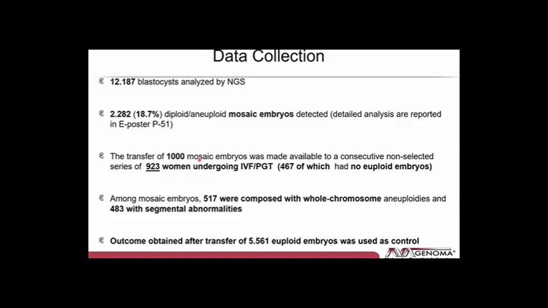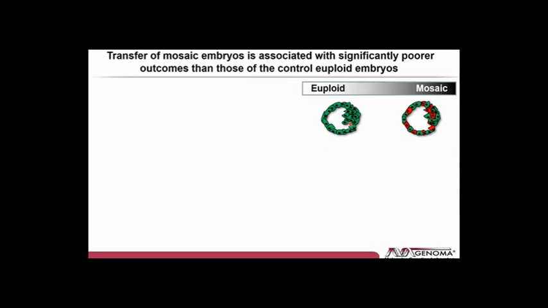We transferred 1,000 mosaic embryos in 923 women, half of which had no euploid embryos after treatment. Among mosaic embryos, we obtained 516 composed of whole chromosome abnormalities, and the remaining composed of segmental abnormalities. The outcome of mosaic embryos was then compared with those obtained after the transfer of about 5,000 euploid embryos that were used as a control.